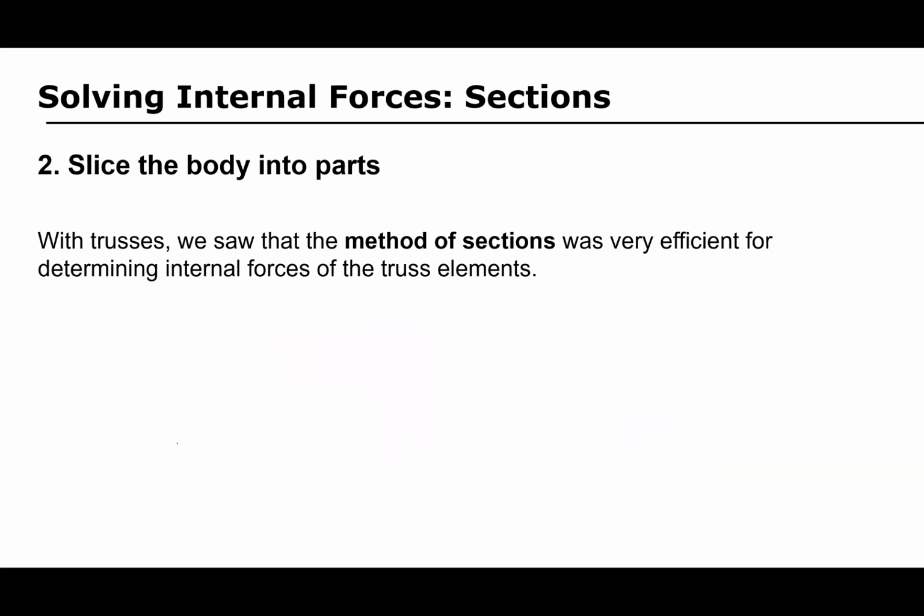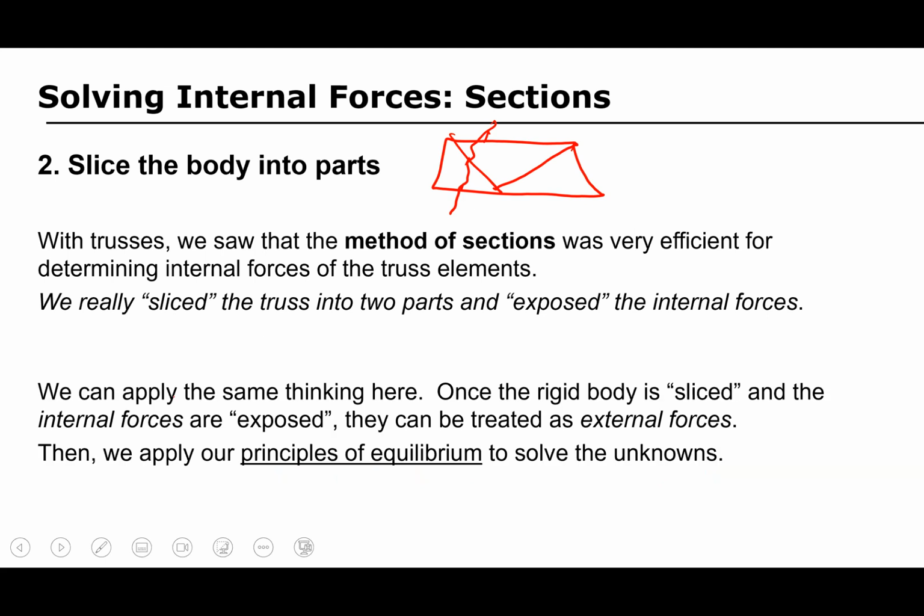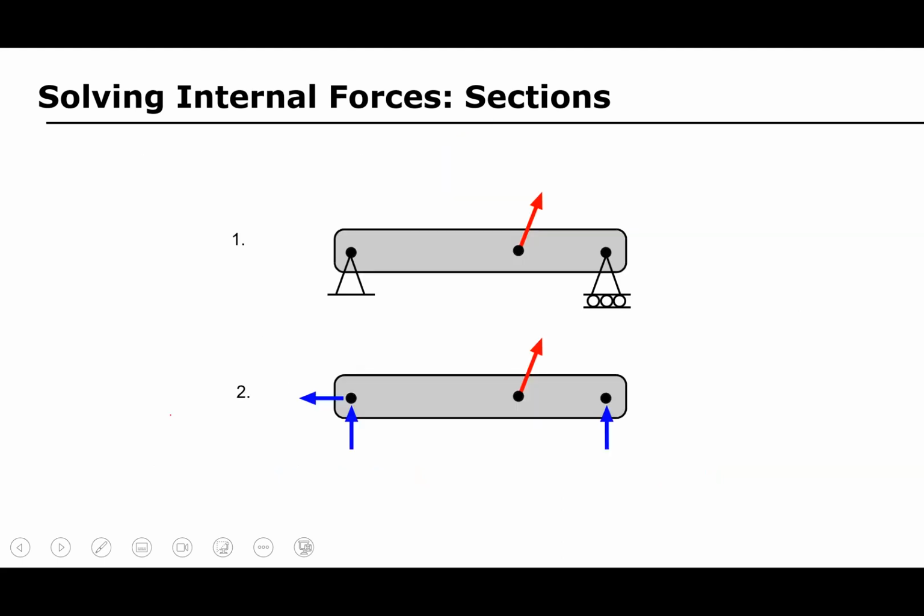Remember in the truss section, you had a truss like this, and to find the internal forces in these three members, you had to just cut, expose your internal forces, and then from there calculate them using equilibrium formulas. Exactly the same thing we're going to follow here, similar to trusses, the method of sections. You're going to cut your rigid body, expose your internal forces, and calculate them using the equilibrium formulas.